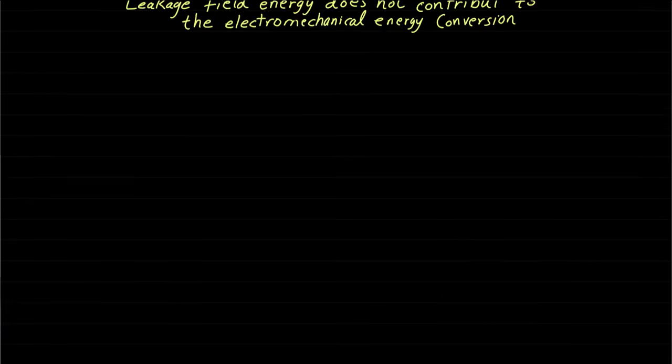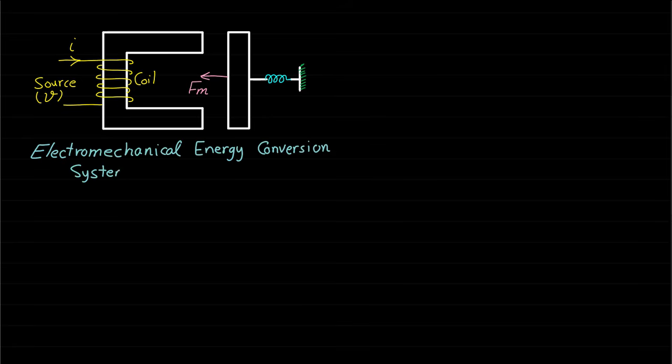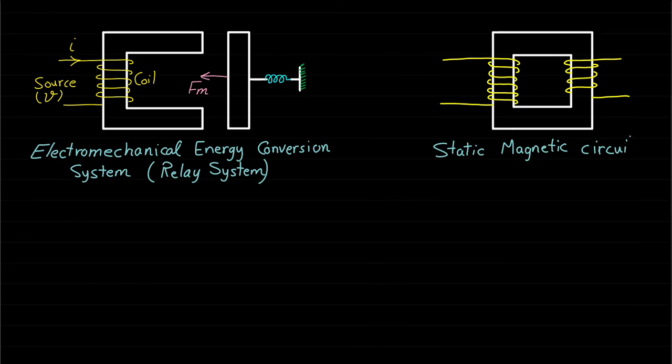Now, if we compare this actuator or any electromechanical energy conversion device with a static magnetic circuit such as a transformer, you will notice that the static machine has no air gap. However, in practice, these magnetic circuits do have some air gap.